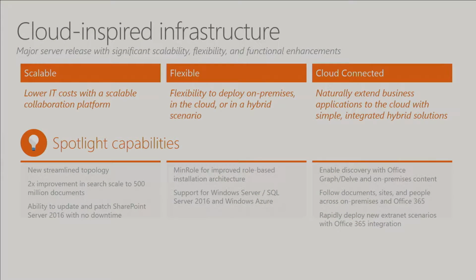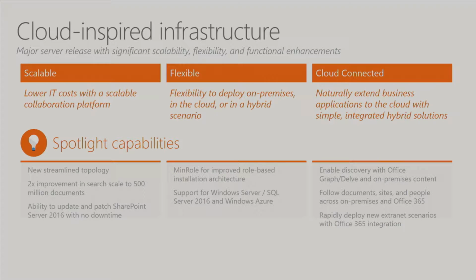Some of the things that we've done in that space is we introduced our new streamlined topology model, something you're probably familiar with as MinRole, as the concept that we introduced. We improved our search scale by 2 times, up to 500 million items. We enabled you to patch SharePoint Server 2016 with minimal or no downtime through our zero downtime patching model that we'll talk a little bit about during the course of this session as well.